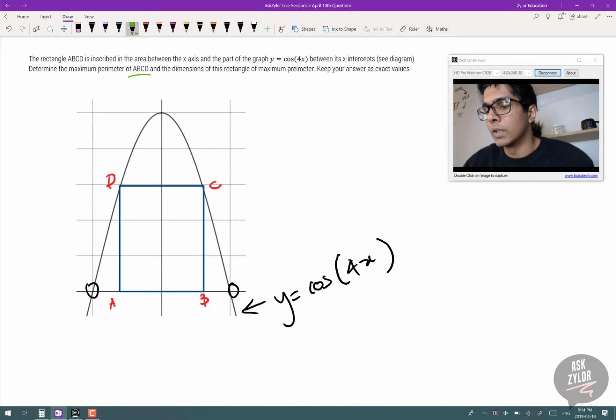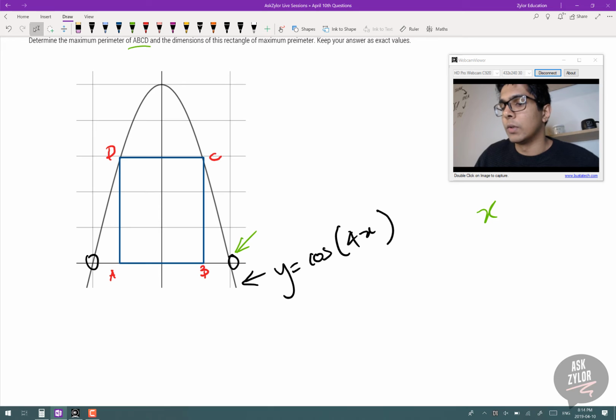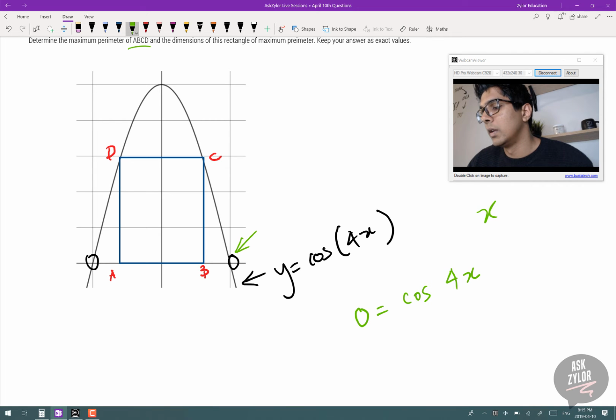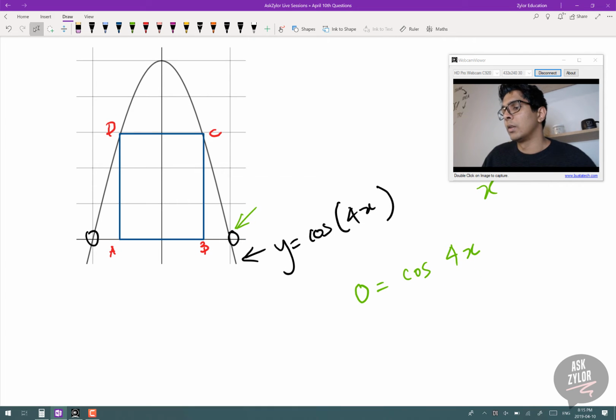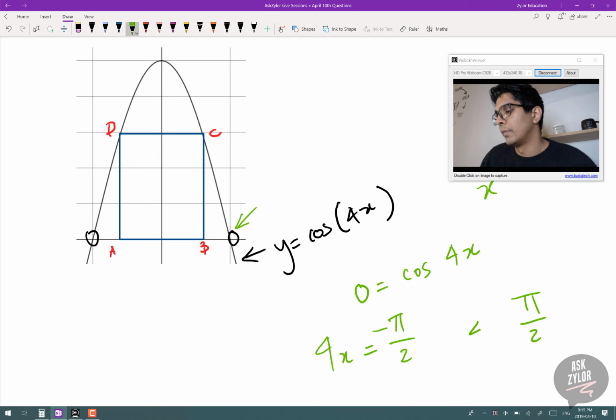So what we should do first is find out what these x-intercepts are, because we need to find a range for my x value. So then I know my x-intercept is when my y is equal to 0, so I have cos 4x, and then cos is going to be 0 when I have negative pi over 2, or I have positive pi over 2.